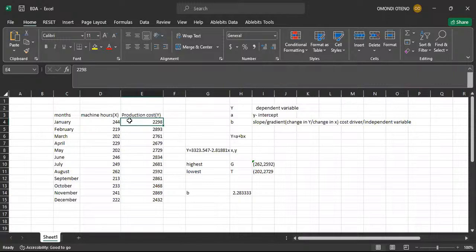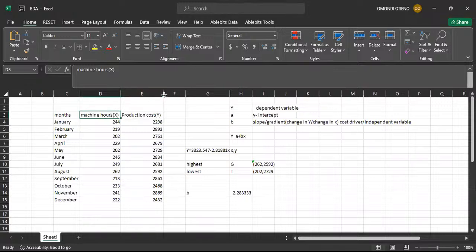So total production cost is dependent on the machine hours. If you are going to pick these pairs, remember I took you directly to the X column. You first of all identify Y and X. That's number one. After identifying those columns, X and Y, you now need to go to the X column.